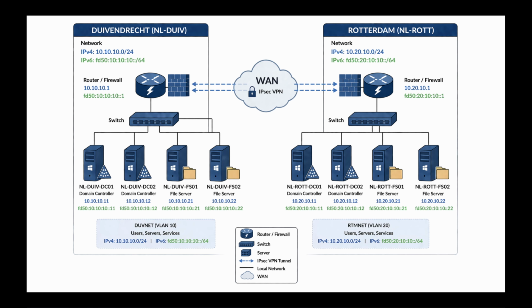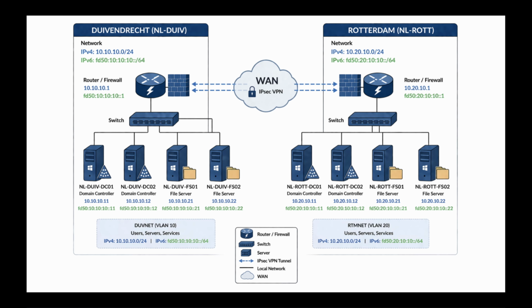And again, the site is just easy to spot. 10 is Duivendrecht and 20 is Rotterdam. Also, please note that the host numbers match IP version 4 as I mentioned before. That way, IPv4 and IPv6 match each other as closely as possible. And that's very useful in a course like this, because it keeps the design easy to follow for everyone.